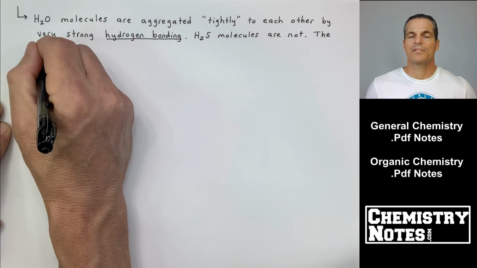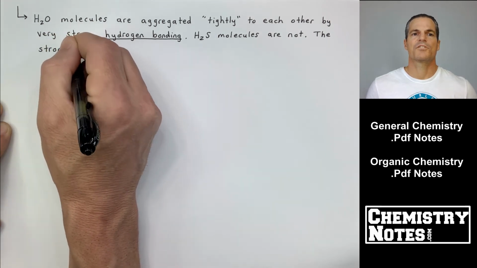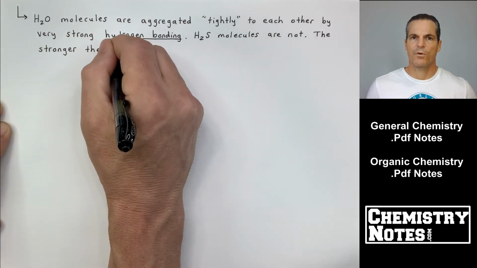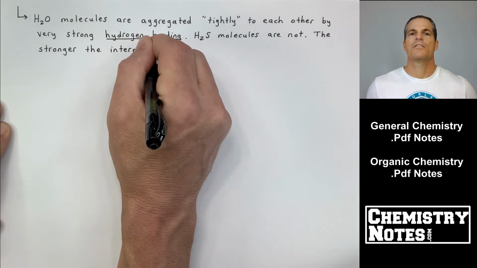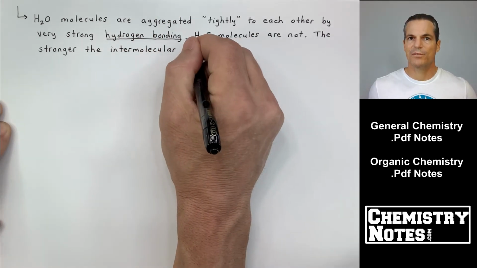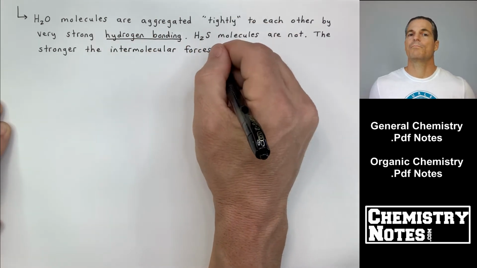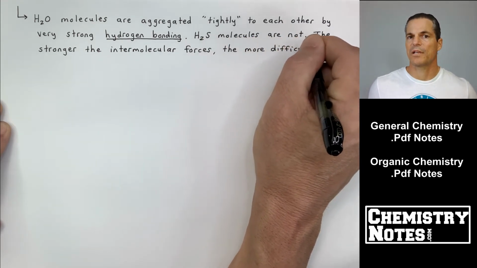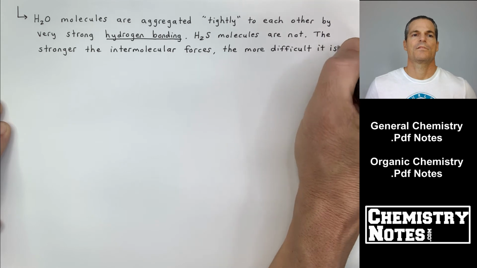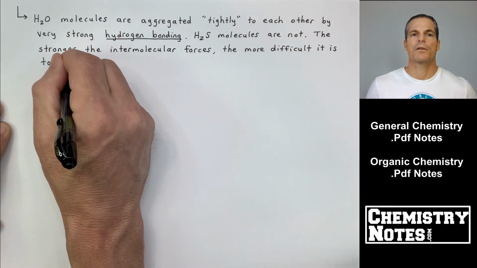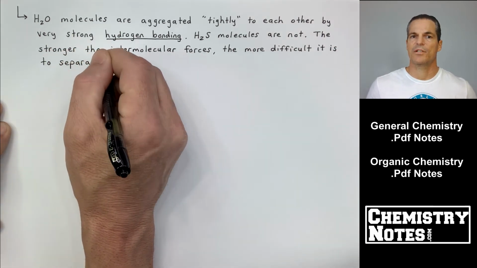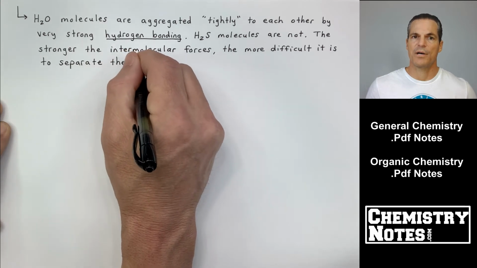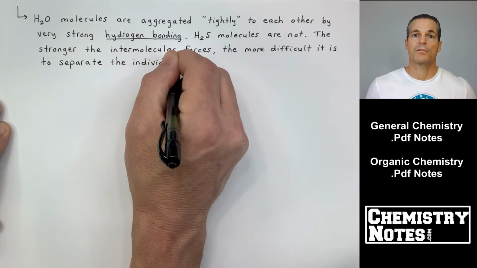So there's the difference. The stronger the intermolecular forces, the harder it is to melt that substance or to boil that substance, because to do that, we've got to disrupt the intermolecular forces. So let's recap. H2O molecules are aggregated tightly to each other by very strong hydrogen bonding. H2S molecules are not.